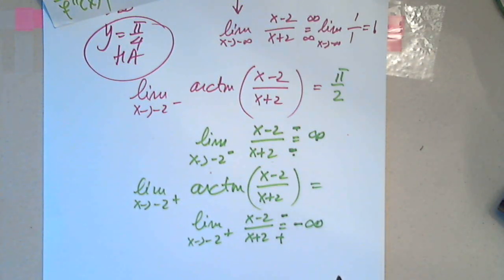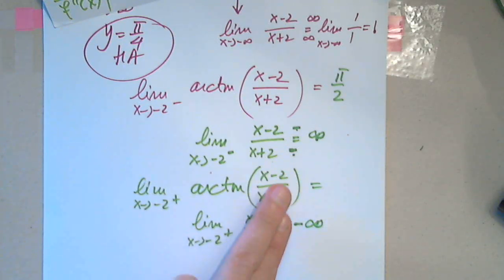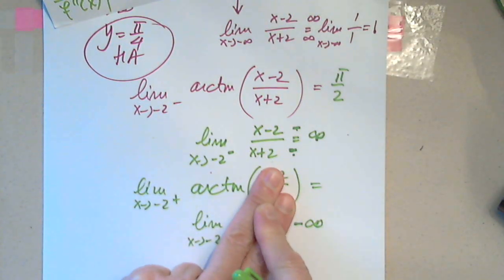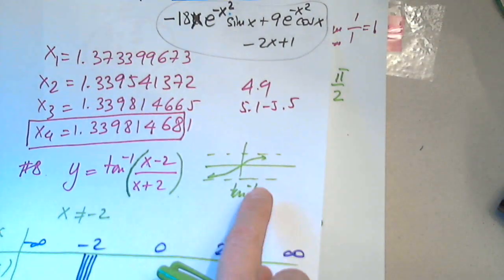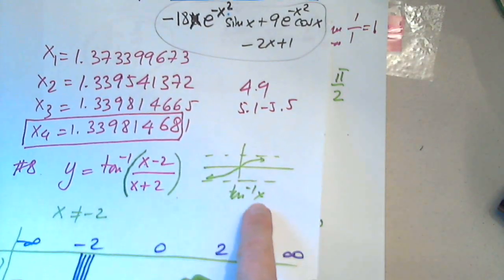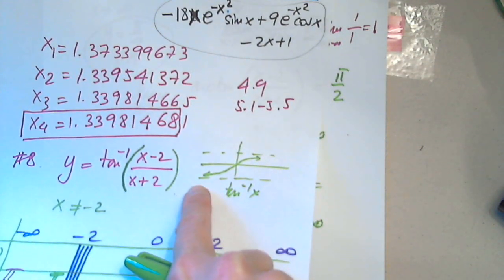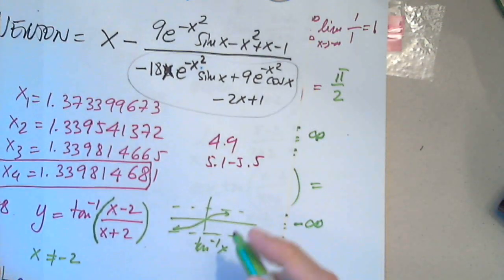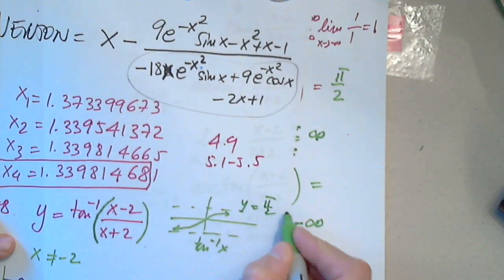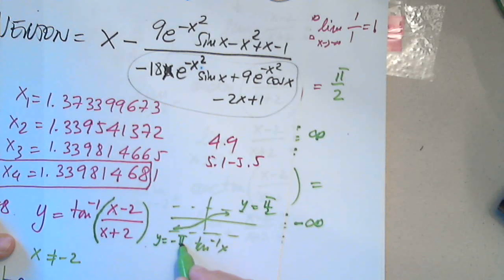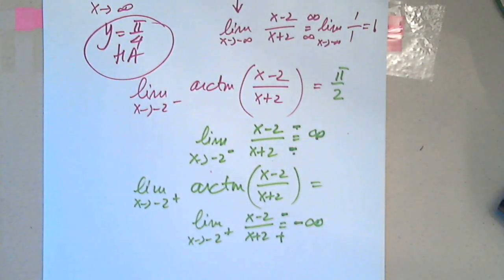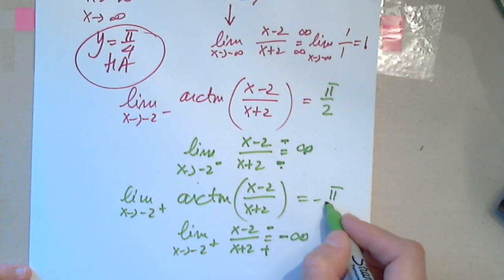So now, when x approaches negative 2 from the right, this approaches negative infinity, and when the argument approaches negative infinity, the arctangent approaches negative pi over 2. I should have put those in here. Sorry about that. So this is negative pi over 2.